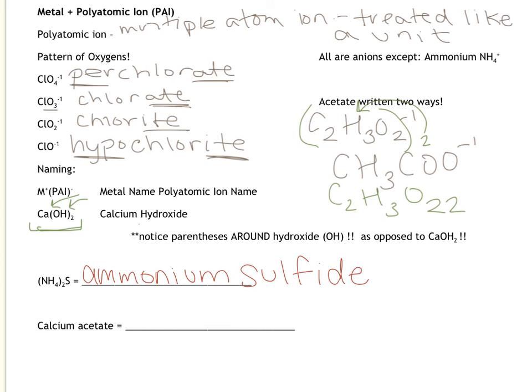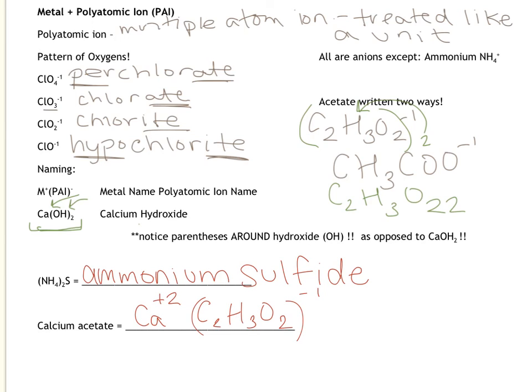Then going the other direction, I have calcium. Calcium is a group 2 element, so I have a charge of +2. And acetate, C2H3O2, is a polyatomic ion, so I put parentheses around it, and it has a charge of -1.